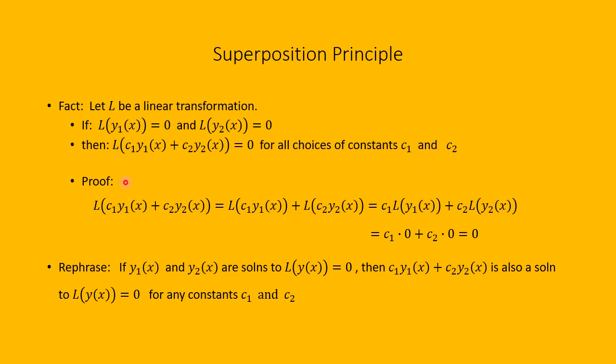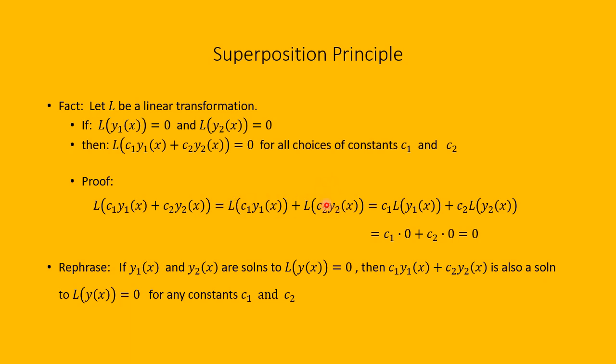And the proof is the following. Look at L of c1y1 plus c2y2, and by the linearity of L, we can write this as L of c1y1 plus L of c2y2. Then, also because L is a linear transformation, we can pull the constant factor c1 outside, and pull c2 outside this one.